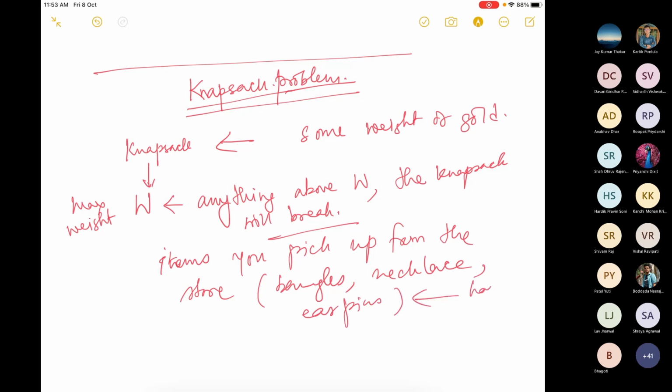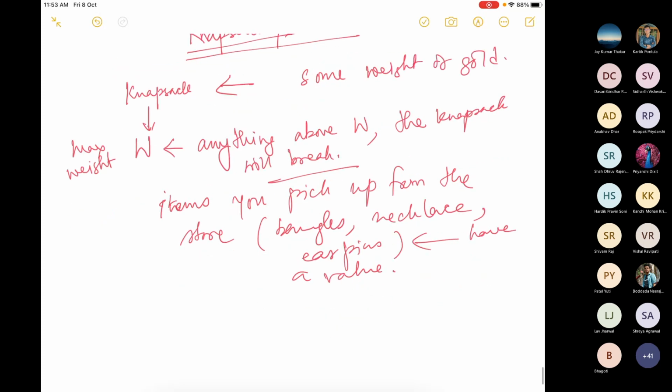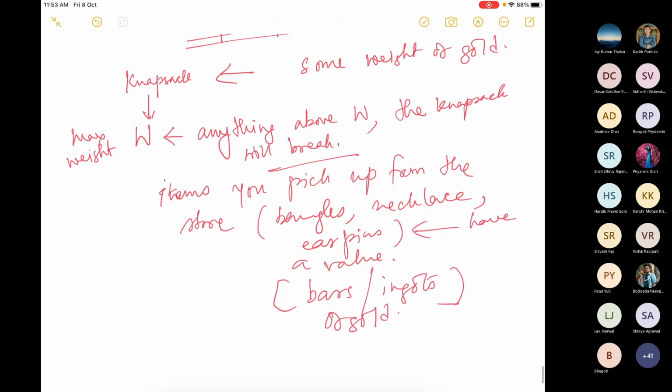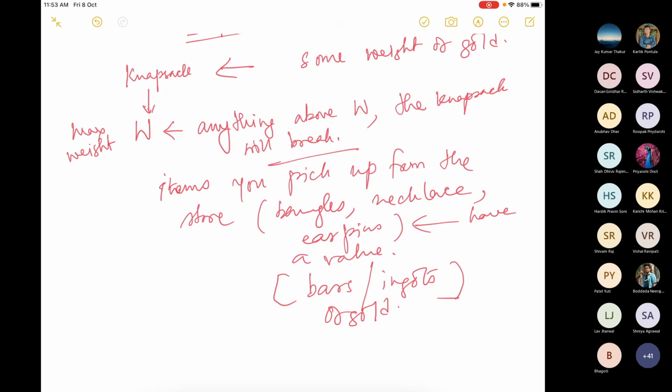Each of them has a value. This could also be bars or ingots of gold, may not be jewelry. Now they all have a value or price.